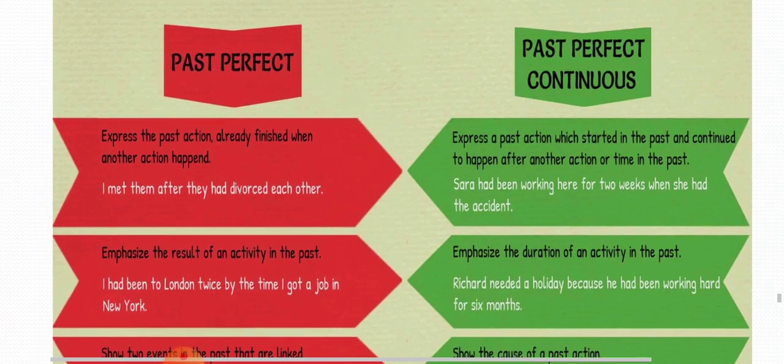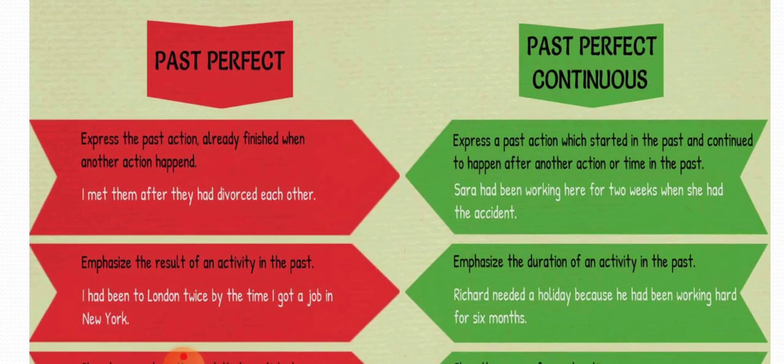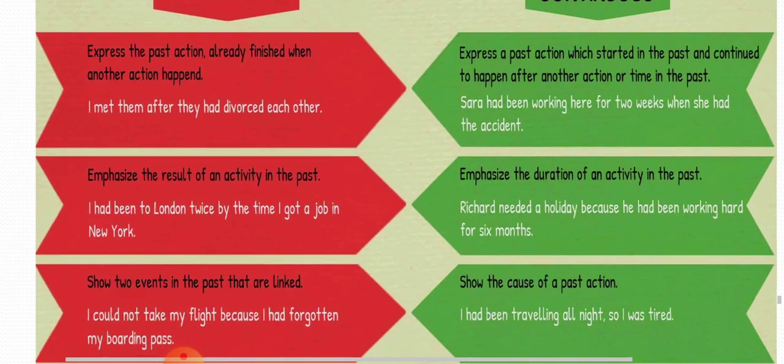One more example, another emphasizes the result of an activity in the past. I had been to London twice by the time I got a job in New York. Here emphasis on the duration of an activity in the past. Richard needed a holiday because he had been working hard for 6 months. Okay.